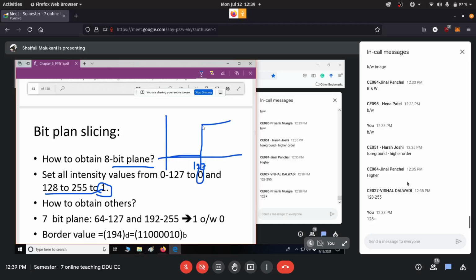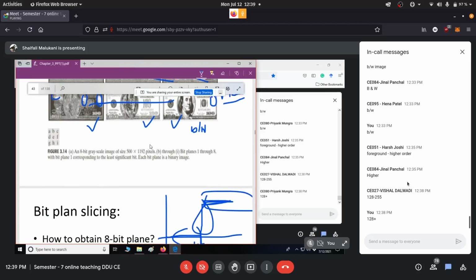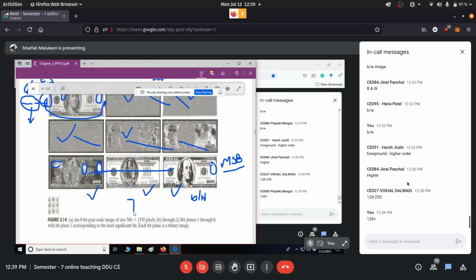I mean, can you see here piecewise linear transformation, right? That is how you can extract for every case in which my seventh bit will be 1. So again you can find out the intensity range.